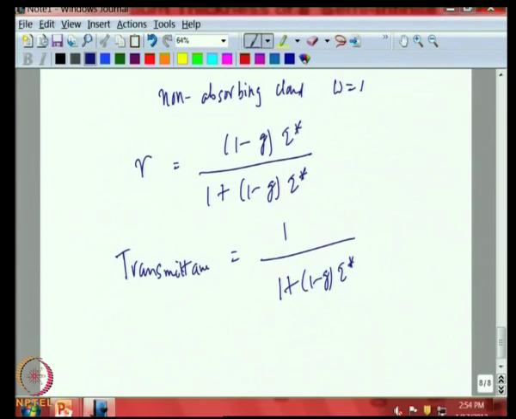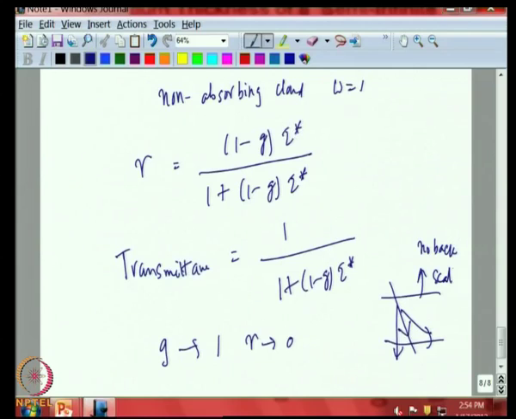For example, for R, as G tends to 1, R tends to 0. Now, this is not surprising, because we recall that G tending to 1 only encourages forward scattering. If there is a lot of forward scattering, there will be no back scatter. So, you cannot expect any rays to come back on reflection, because most of the scattering is occurring in the forward direction.